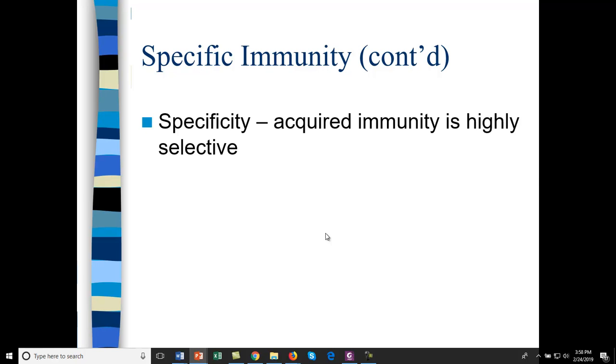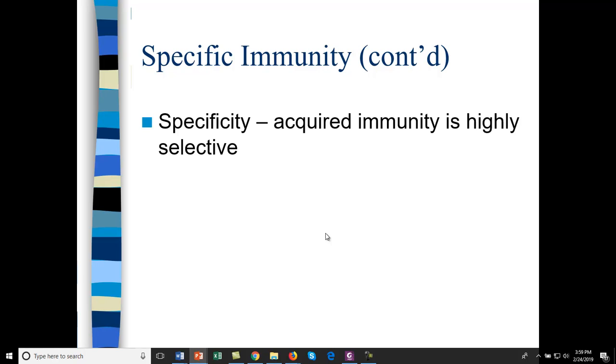So you're looking at specific portions of antigens that antibodies and T cell receptors will bind onto, and that's what constitutes the acquired immune system. So it's highly specific. In other words, if you're immune to chickenpox, that immunity will not extend to mumps. They're two different viruses. They have two different structures. And so therefore you would see that they're highly selective.